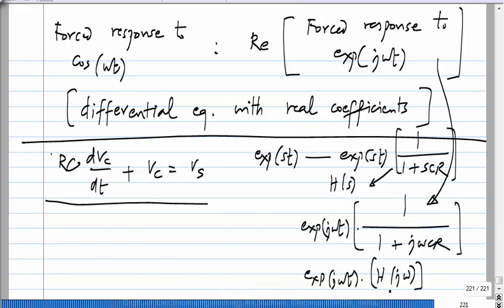This s equals j omega business you must have done many times, right, for various reasons. Basically, this is how to compute the response to a complex exponential. S equals j omega corresponds to cos omega t plus j sin omega t. And then you have to take the real part of this. How do you do that?